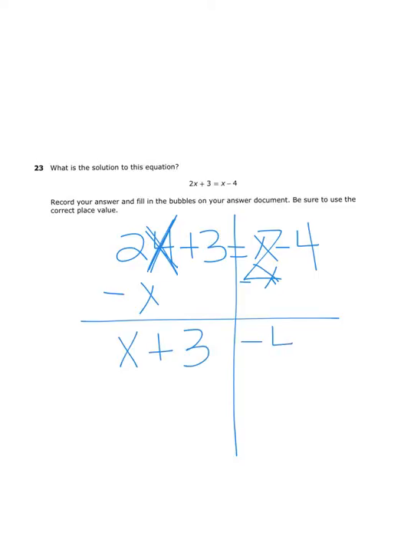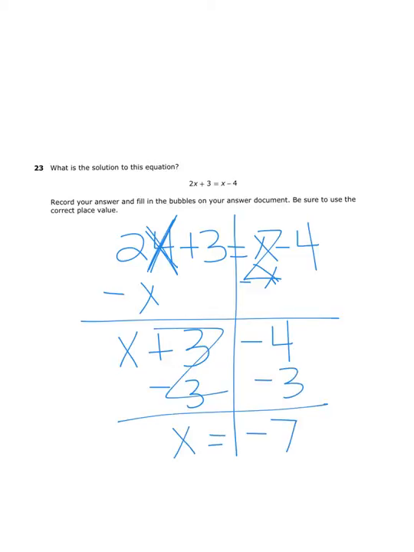Bring everything down. Then move your constants together. And x equals negative 7. Again, when you grid that, you're going to mark the negative, and then you're going to mark the 7 right before the decimal point. You can put the zeros, but you don't have to.